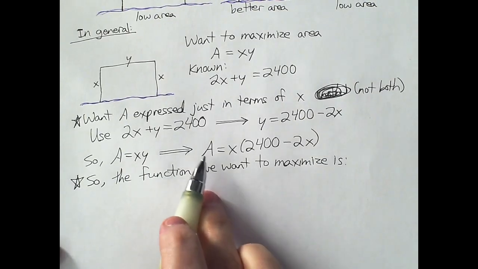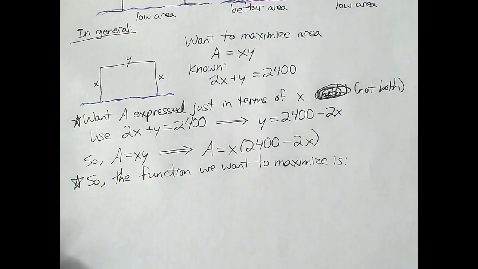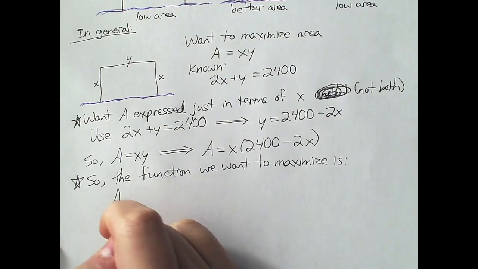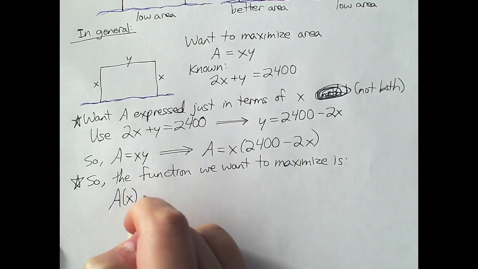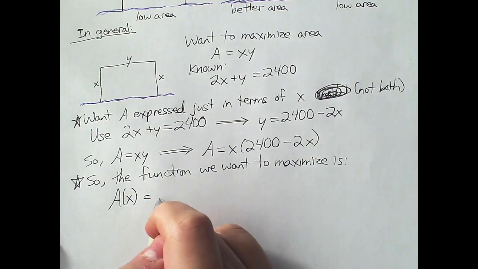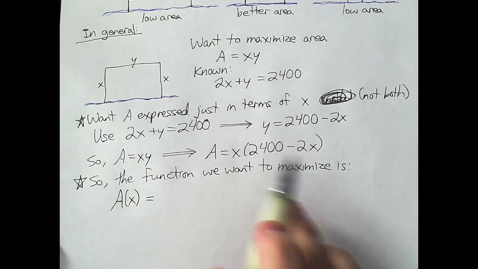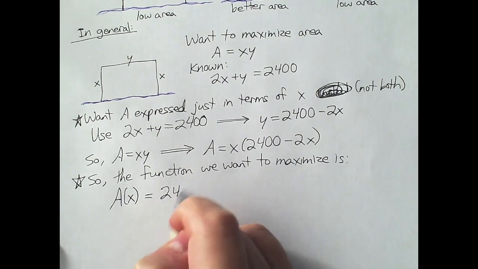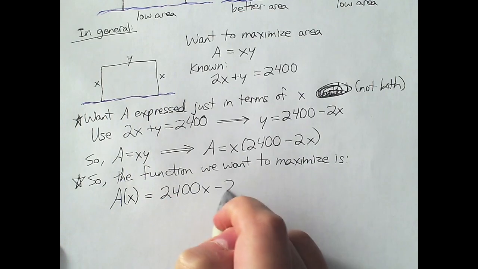And what do we do when we have a function? A lot of times we call it f of x. I guess you could call it f if you want, but I think it's area. Let's just call it A. I am going to, however, call it A of x. It's the area function where x is the variable. And I'm going to distribute this x and write it as 2400x minus 2x squared.